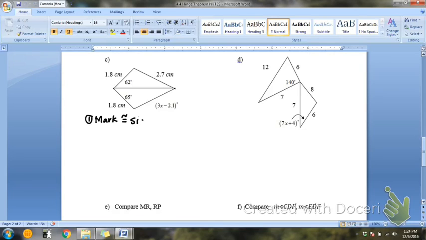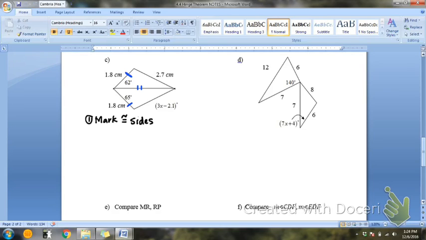Mark congruent sides. Crystal, what's one pair of congruent sides that you marked? 1.8 and 1.8. Josh, what's the other pair that we would mark? The reflexive side. Excellent. The reflexive segment in the middle.